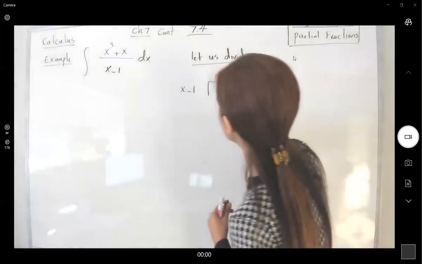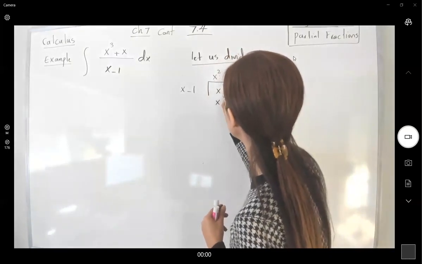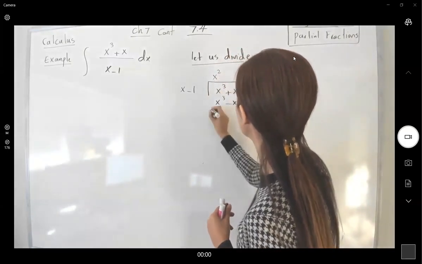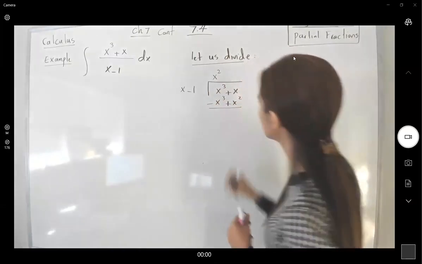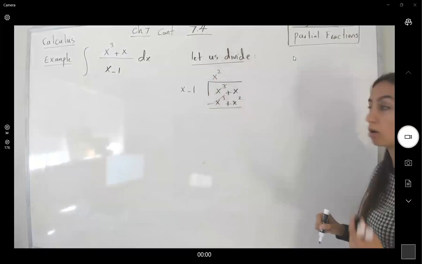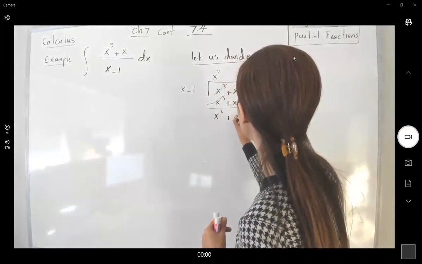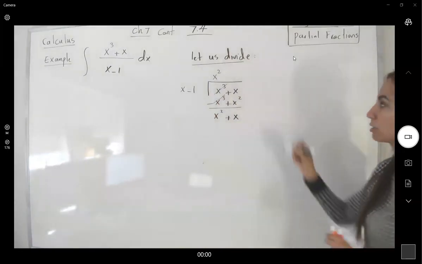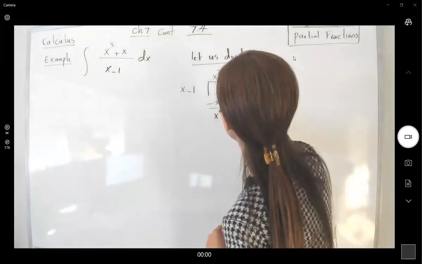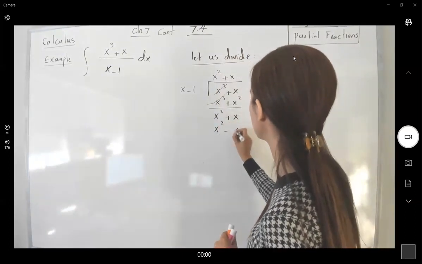Very well. Our very first term is going to be x squared. We get x cubed minus x squared. We subtract these two, so we can get rid of x cubed and its opposite. We're left with x squared plus x. So the very next term is going to be x, times x minus 1 gives x squared minus x.